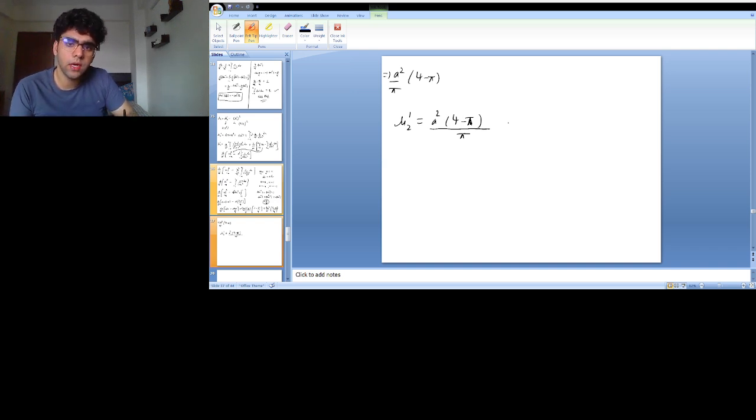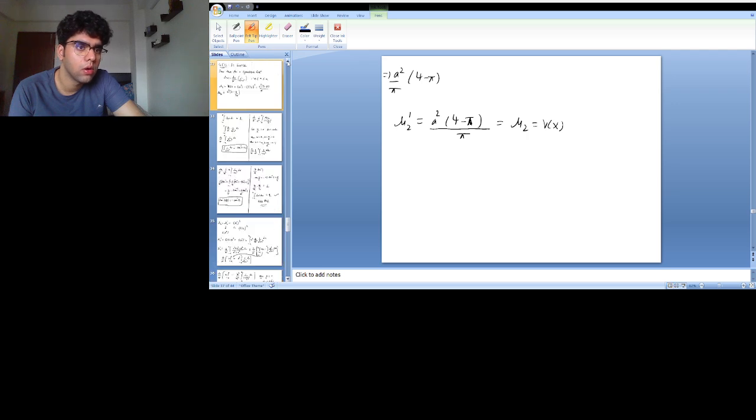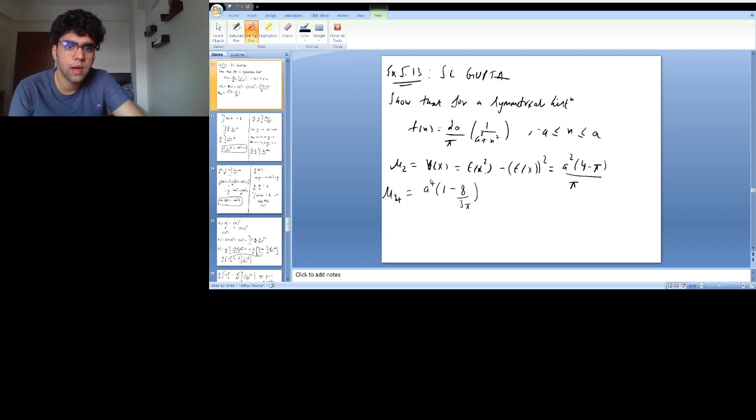Now wait a minute, isn't this the value of mu2 with respect to the mean, or the variance? Let me just show you. When I was solving this example, I had to prove that my second moment with respect to the mean is coming out to be equal to a square into 4 minus pi upon pi.